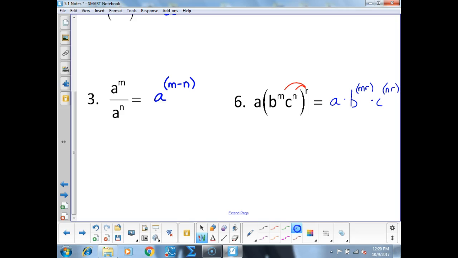Now, if there is an addition sign somewhere in this parentheses, then this rule does not apply. This rule only applies if it's multiplication inside the parentheses. We'll get to if there's an addition or a subtraction sign inside the parentheses a little bit later on this week.